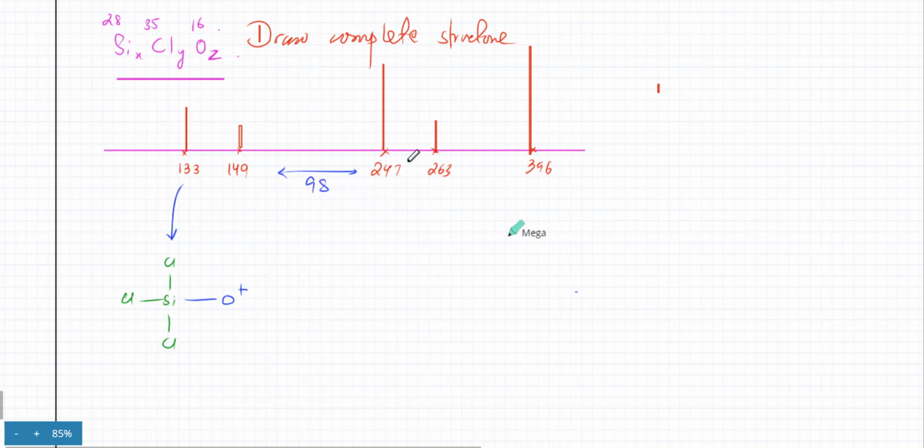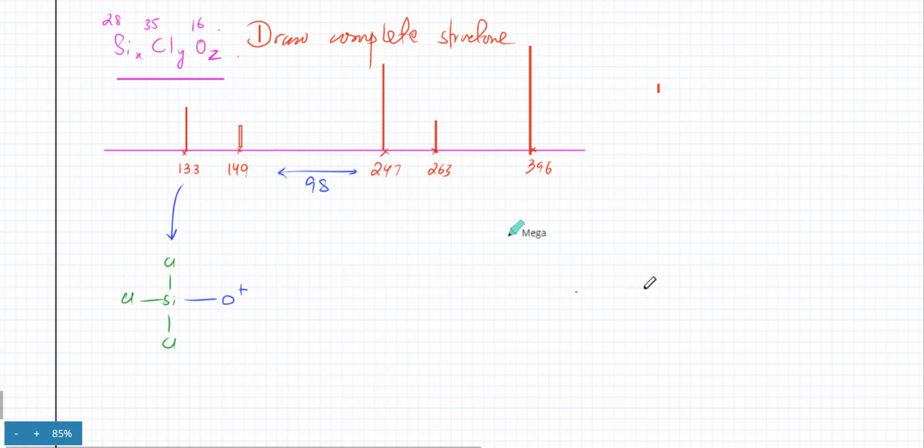So 247 would be a bigger piece, but with this 98 added to it. What is that 98 that you should have? Well, 98 must be easy. You figured out 133.